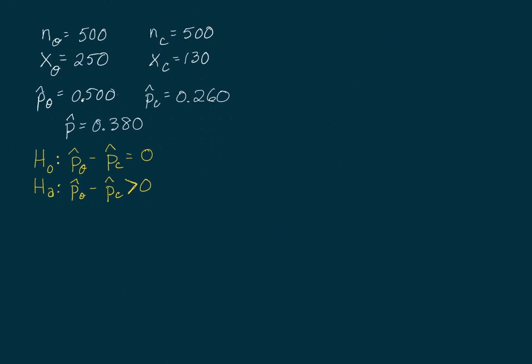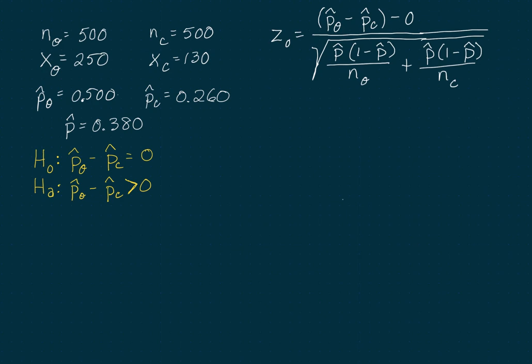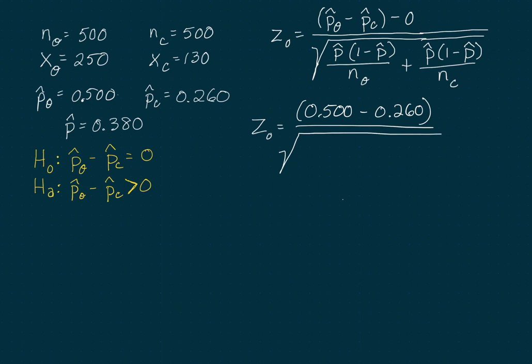Now let's get our test value. There is the formula for our test value. Let's put in the numbers we actually have. The proportion who lived more than 20 days eating organic minus the proportion who lived more than 20 days eating conventional, divided by the square root of, okay, our p hat is 0.380.